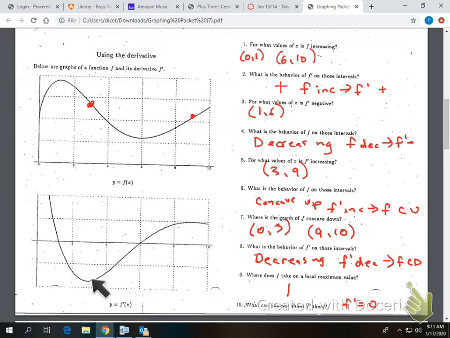There's a point of inflection. F prime goes from increasing to 0 to decreasing. There's a point of inflection. Y'all follow me on that? So, just want to make sure we're clear on that. Did that help? Okay, I'm going to save this video.